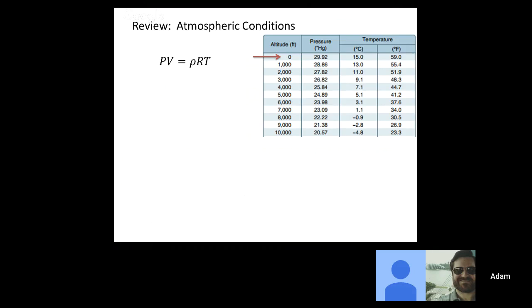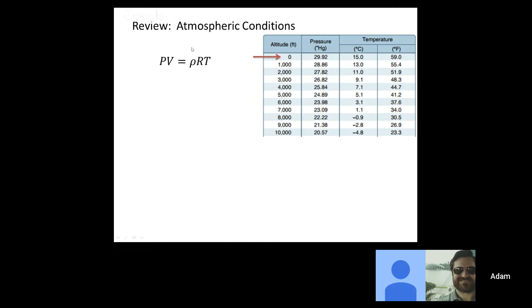So all those elements affect the way that the aircraft will perform. And it also affects the aircraft manufacturer when they go to test their aircraft and put together their operating handbook. They are cognizant of the differences in pressures and temperatures with altitude. So they cater the performance charts for the pilot so that they can plan the flight successfully.